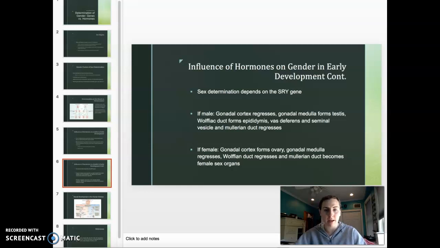If it is a female, then the gonadal cortex forms an ovary, the gonadal medulla regresses, the Wolffian duct regresses, and the Müllerian duct becomes the female sex organs. As you can see, we have two different branches of development depending on whether you're male or female.